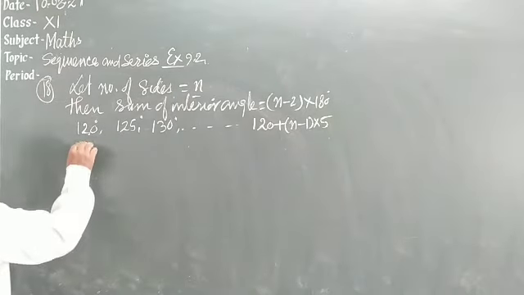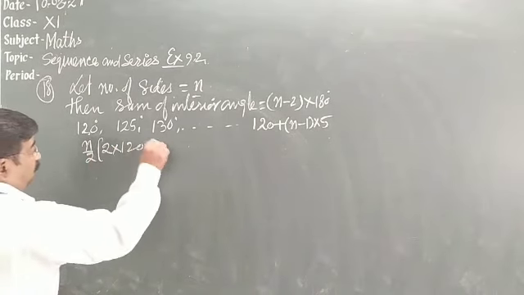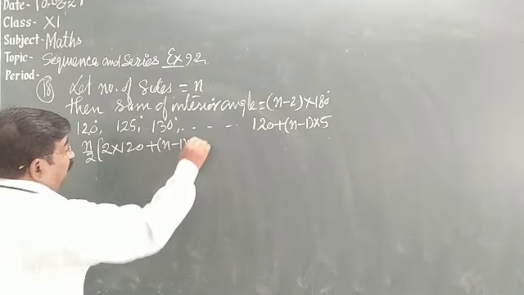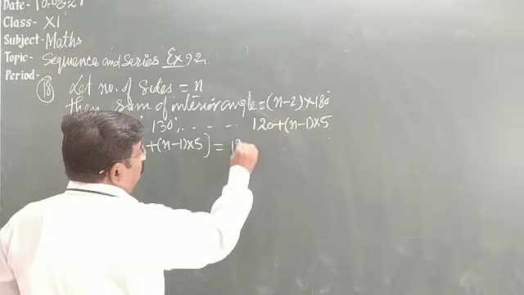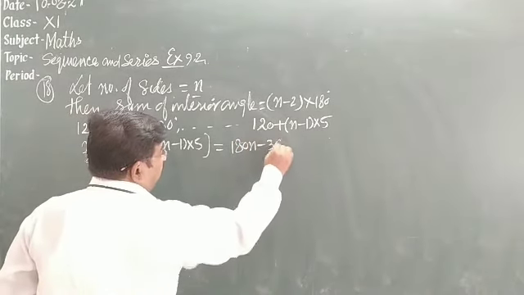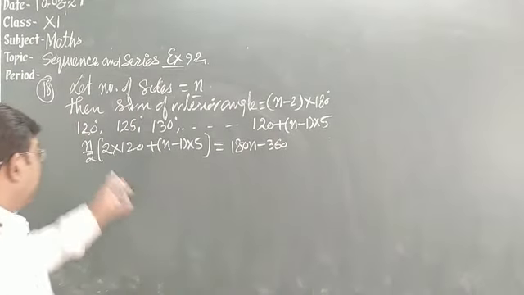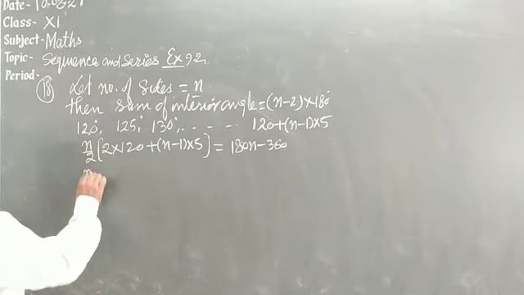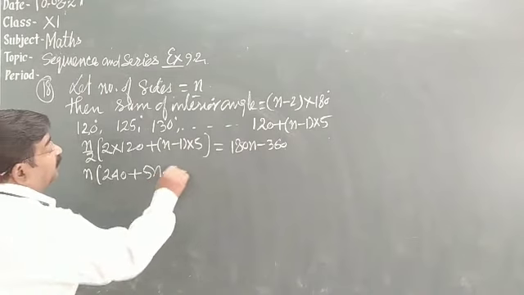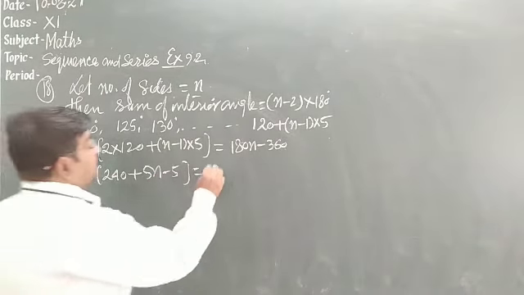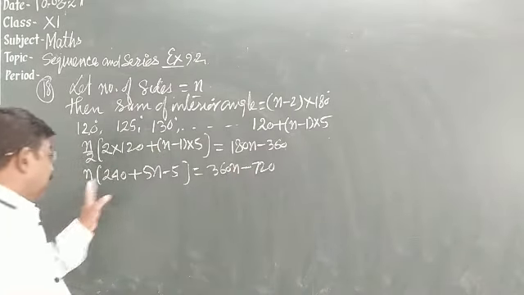So we have n by 2, 2 into 120, the first term, plus (n minus 1) into 5, the common difference, is equal to 180n minus 360. I have multiplied the 180 inside. Multiply this to this side and multiply n here. We have n times (240 plus 5n minus 5) equal to 360n minus 720. Multiply this here.